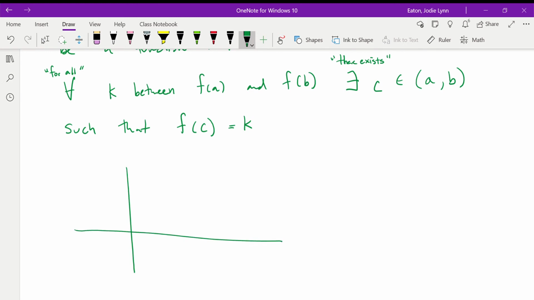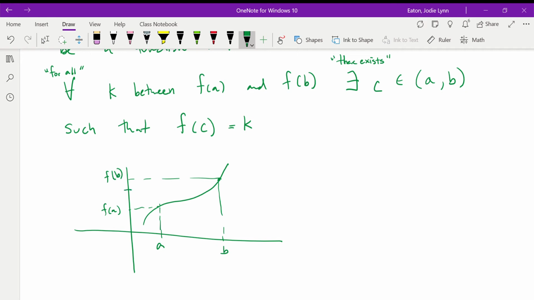If you have a function that's continuous and you have an a and a b, the endpoints of your interval, and you have your y values, your f of b here and your f of a here. You can pick a random y value somewhere between f of b and f of a.